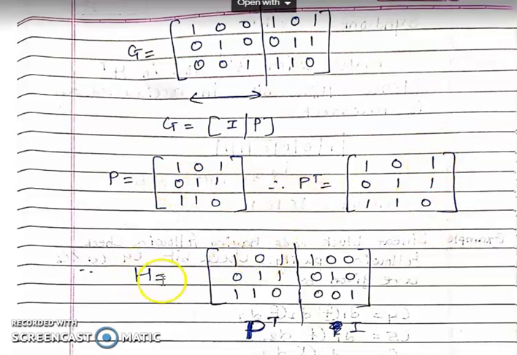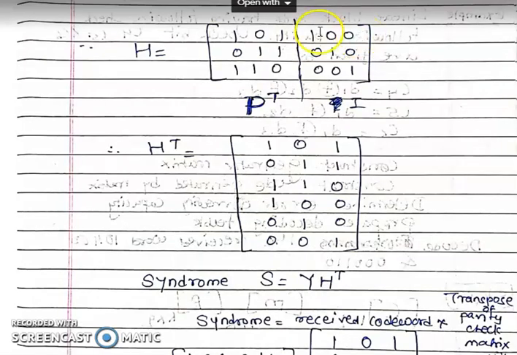The H parity check matrix is given by P transpose followed by the identity matrix. So we have P transpose followed by the identity matrix, where all the 3 ones will be on the diagonal, but the remaining bits will be 0. We have obtained the parity check matrix, capital H, given by P transpose followed by the identity matrix.